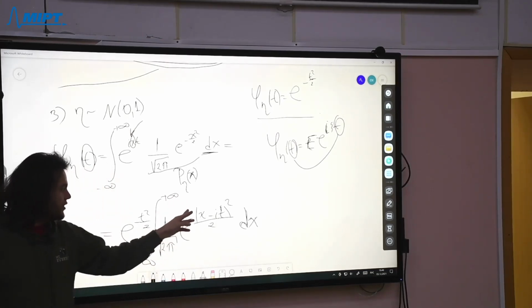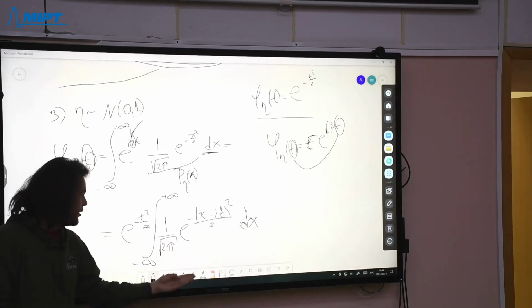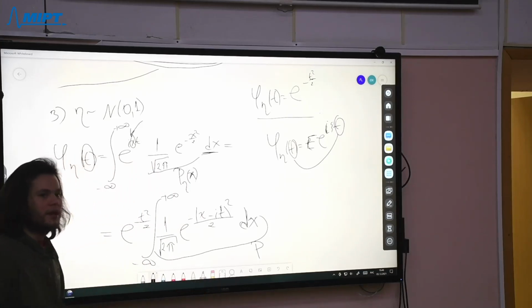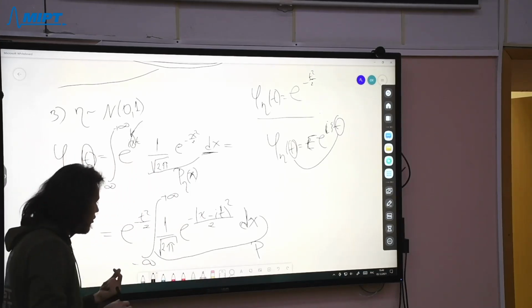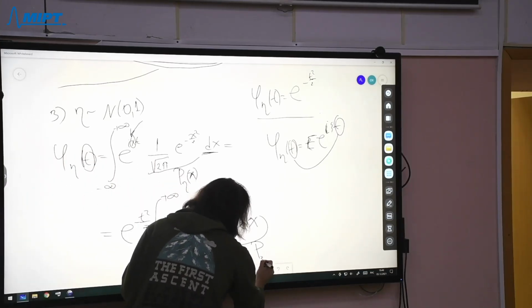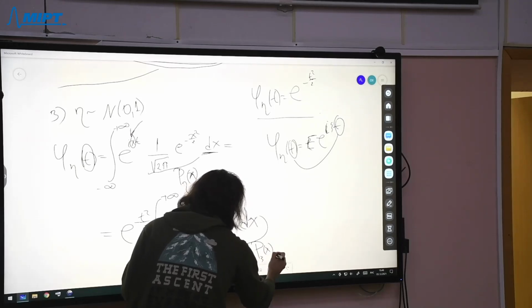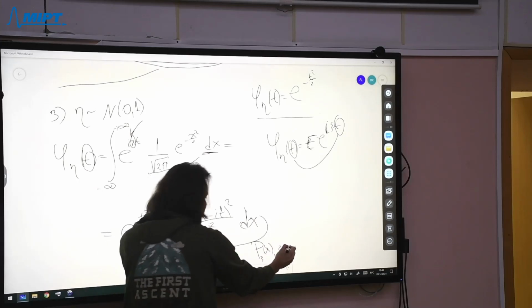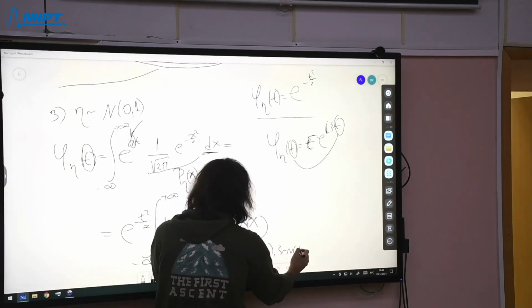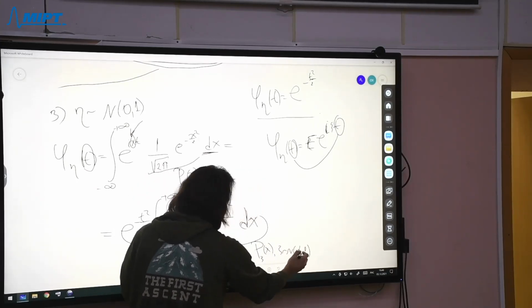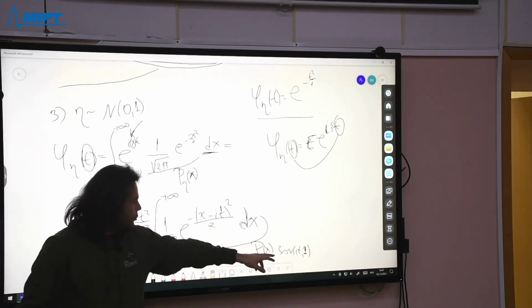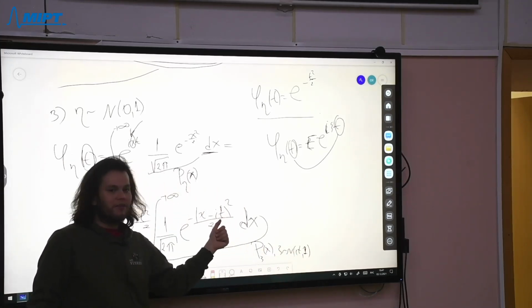And this integral is the probability density function of random variable psi, where psi has normal distribution with parameters it and 1. So this is exactly the same, but we don't have 0, we have it.